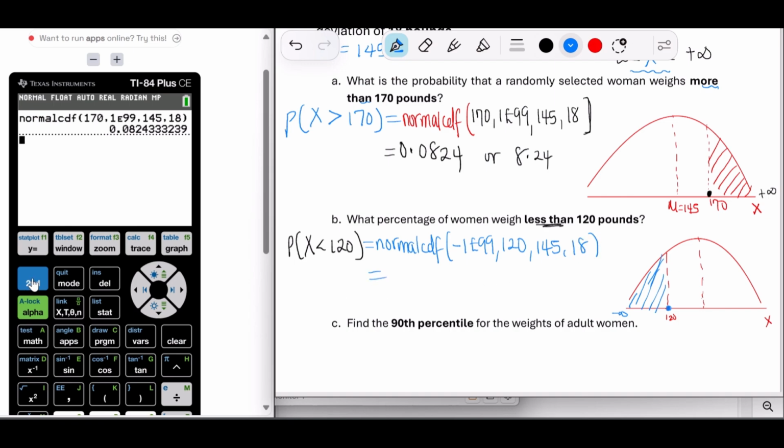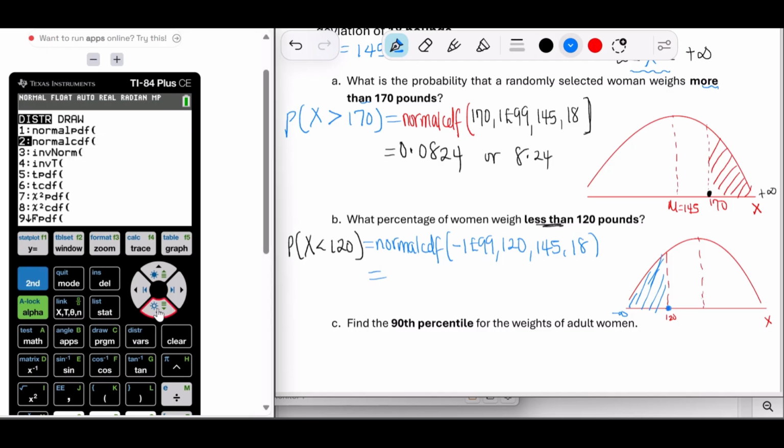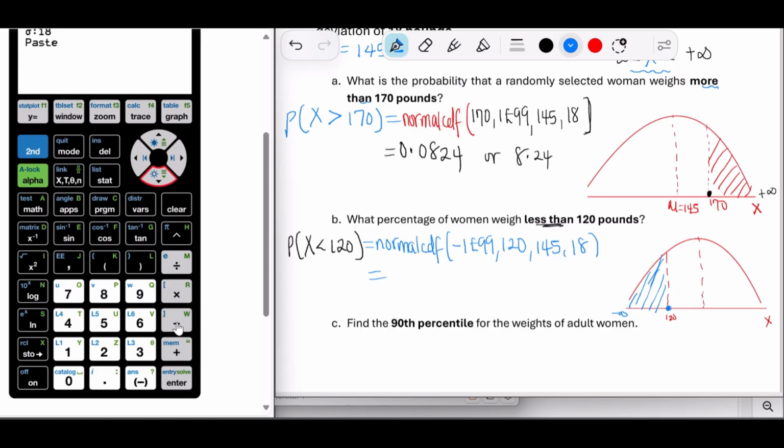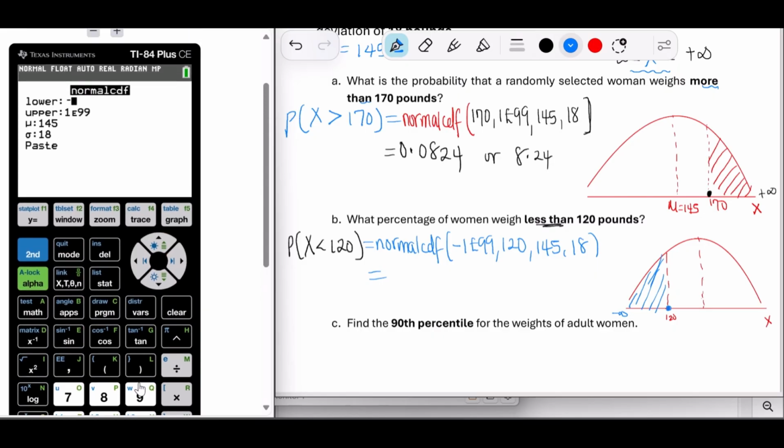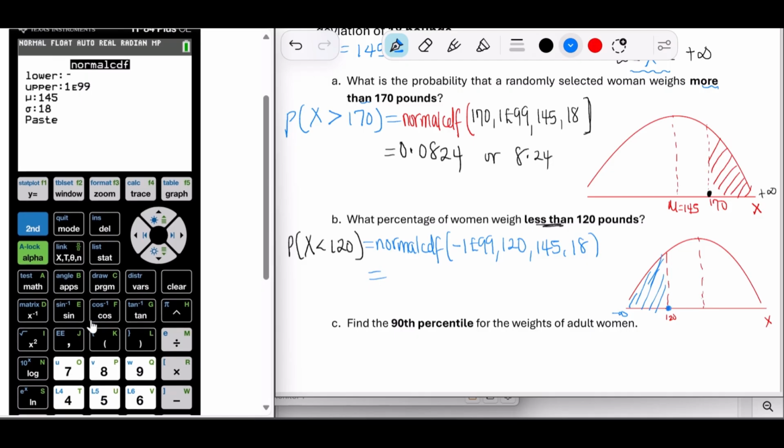Now, using the calculator, we press the second function, the distribution. Coming to the normal CDF, the lower bound is now going to be negative infinity. And I told you don't use this negative sign. Instead, use this negative sign. So we have negative 1e second and base 99. And for the upper bound, we have 120.